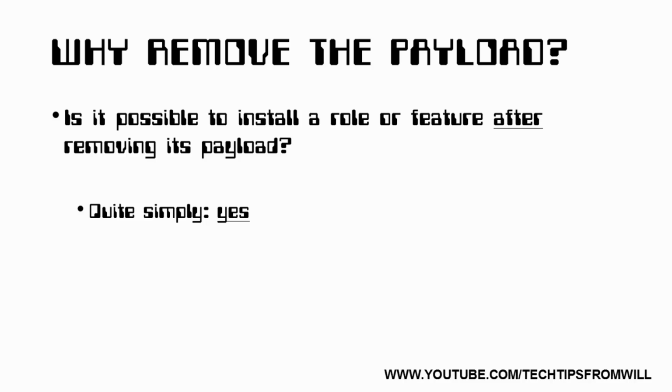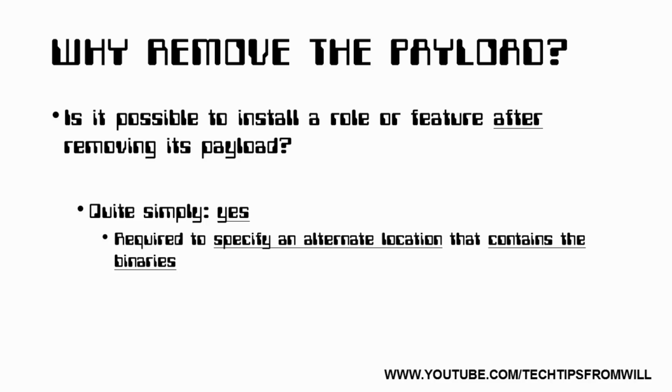You can still install a role or feature onto a server, even if its payload has been removed from the side-by-side store. In cases like this, the administrator is, at the time of role installation, required to specify an alternate location that does contain the files.